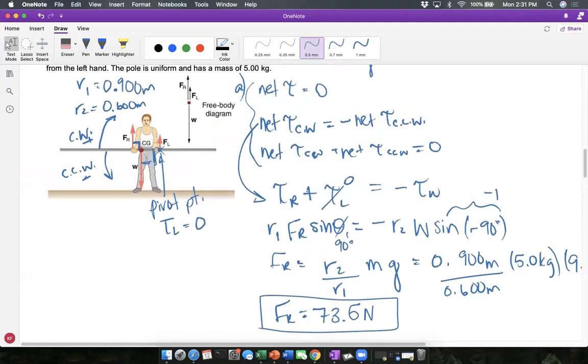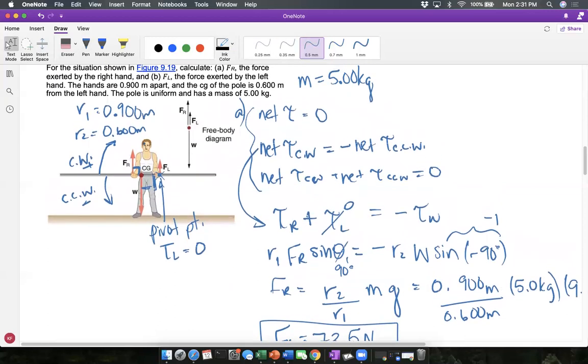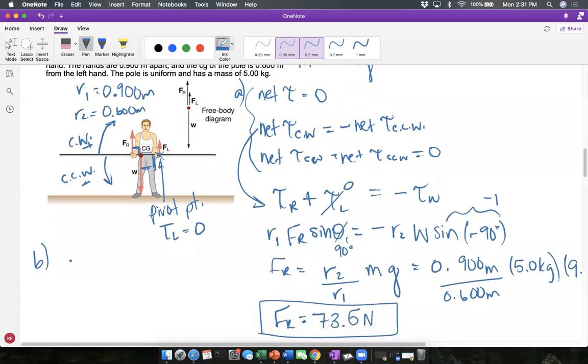We know the force that the right hand is exerting. Now we want to know the force of the left hand. And now instead of using this part of equilibrium, let's use the other part of equilibrium, that the net force should equal 0.